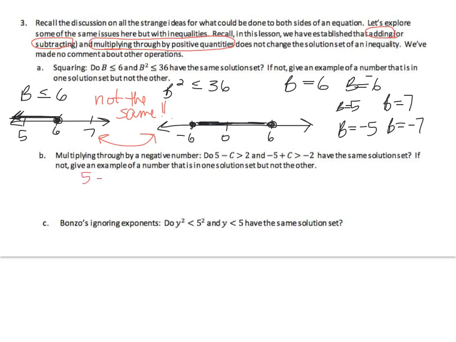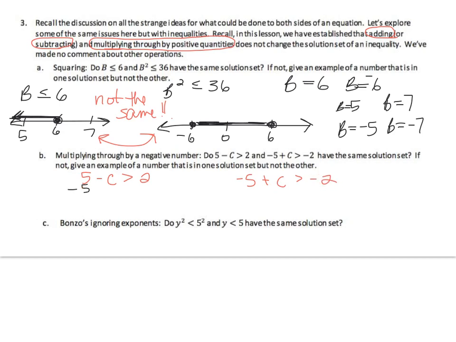Do 5 minus c is greater than 2, and negative 5 plus c is greater than negative 2, have the same solution? If you notice, this first equation right here, I just multiplied through by a negative number. Negative, negative. Let's see if they're the same. So let's solve for c.